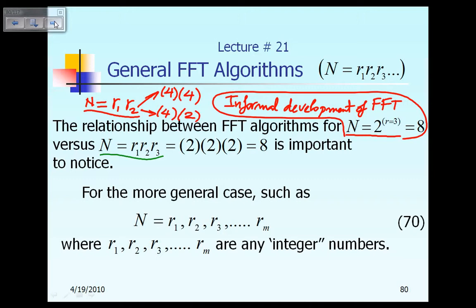But we are particularly interested in the situation where, let's say, r1 equals 2, r2 equals 2, and r3 is also equal to 2. That means the number of sample data points, capital N, is also equal to 8. But that comes from the product of r1 times r2 times r3. It is not coming from the form of 2 to the power 3.